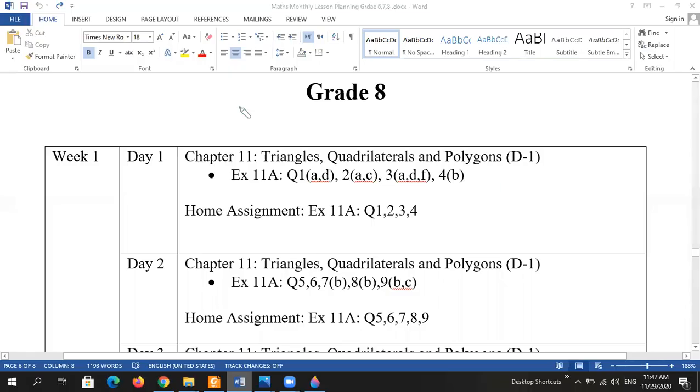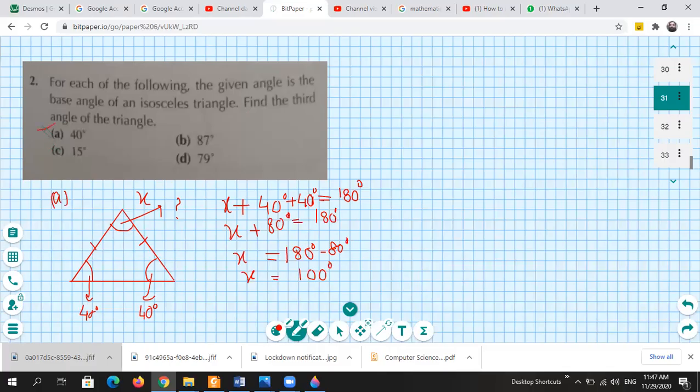Now I'm trying part C. This one. So in part C, the base angle is 15 degrees. So the triangle will be just like this, 15 degrees, less steep.